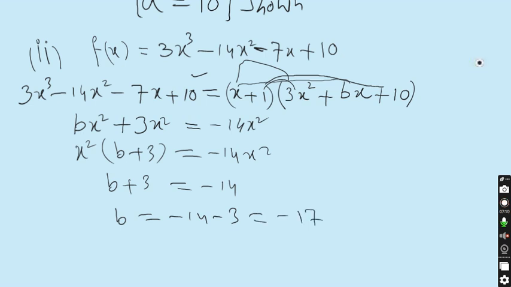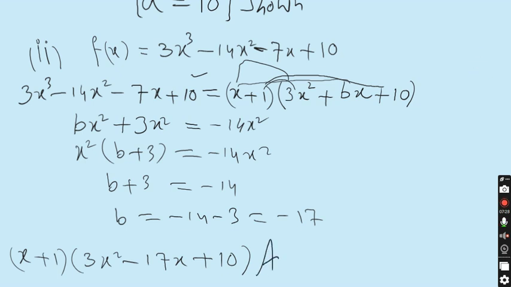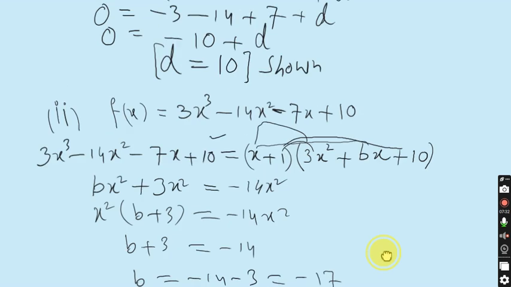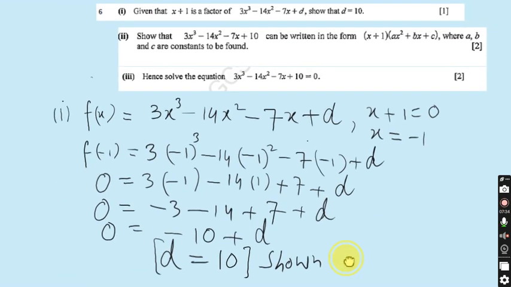Hence our final expression is (x plus 1) into (3x square plus bx plus 10). We found b is minus 17, so it is 3x square minus 17x plus 10. And this is the requirement of part 2. I am showing you part 2 again.